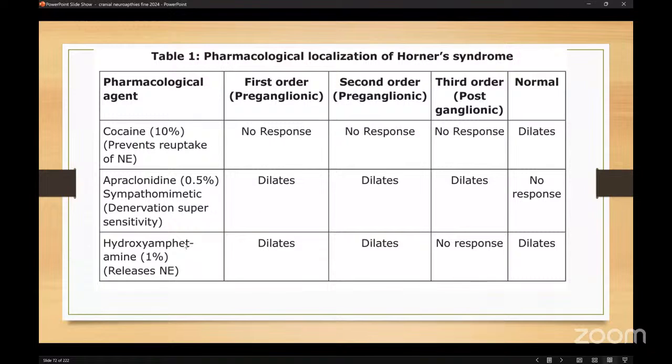Now you put 1% hydroxyamphetamine and it dilates. That means it was a Horner, but a first or second order pre-ganglionic Horner. And if you put apraclonidine and it dilates, then it becomes a third order ganglionic Horner's.